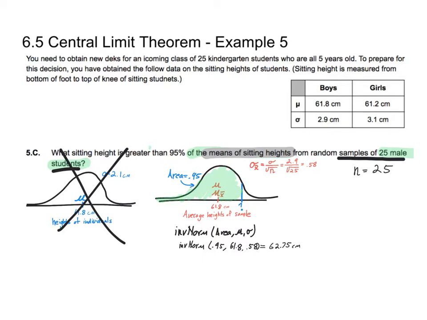It's saying the average of 25 students will be below 62.75 95% of the time. 5% of the time, the average of 25 students will be above 62.75. That's what's defined here in this yellow line. But you've got to identify what this value is really saying. On average, the average of 25 students will be below 62.75 95% of the time.